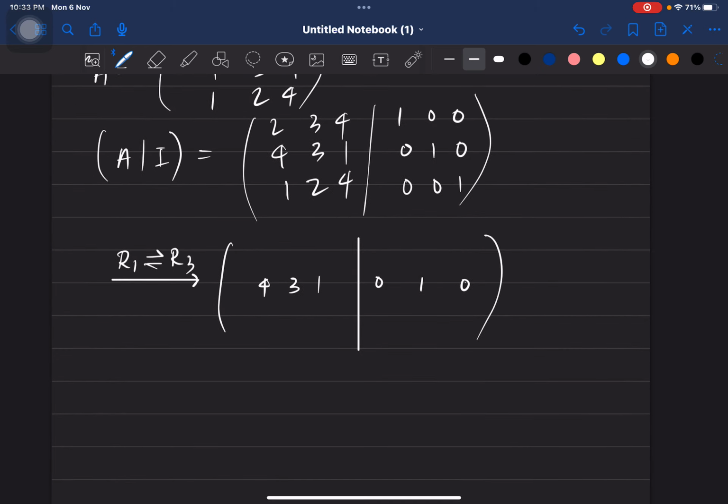I can use top minus bottom or bottom minus top, both are fine, because they are all 0, nothing will change. So I use top minus bottom. So 5 times row 2 minus row 3, change for row 3. So only row 3 changes, so row 1 and row 2 copy first.